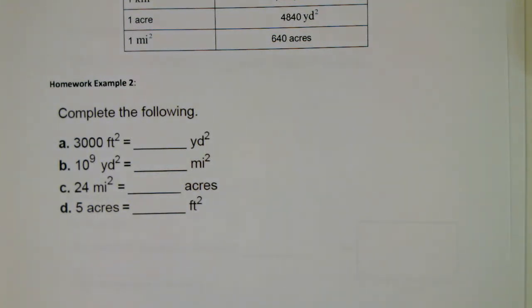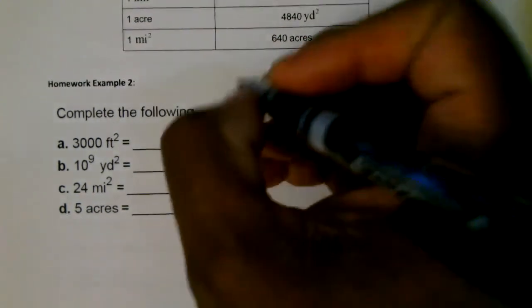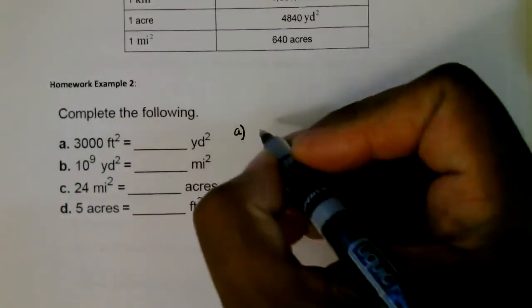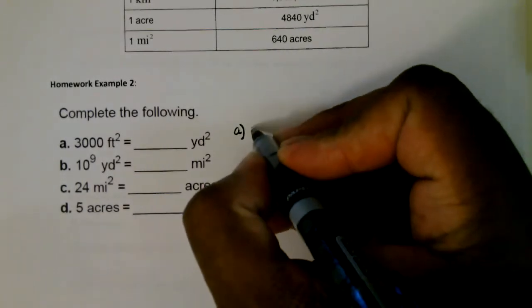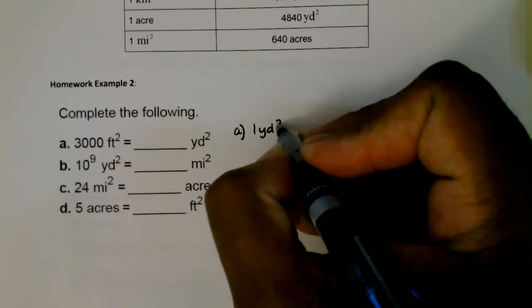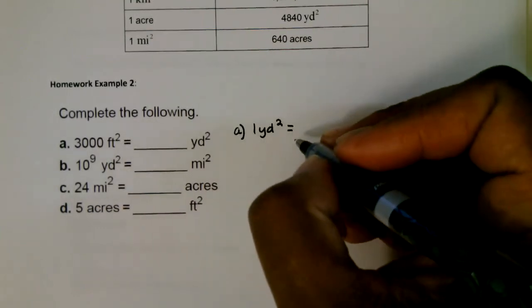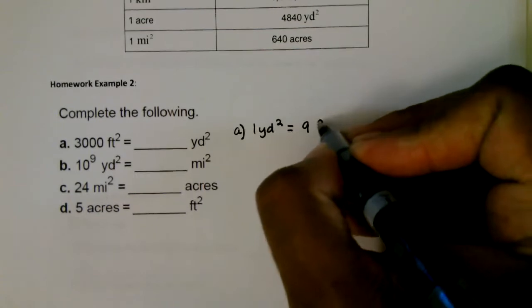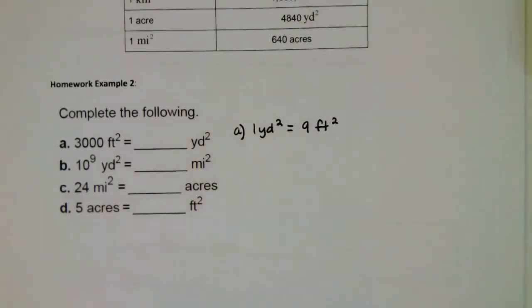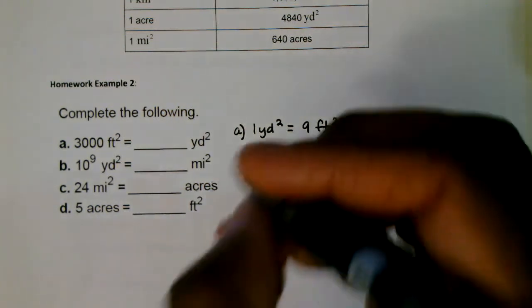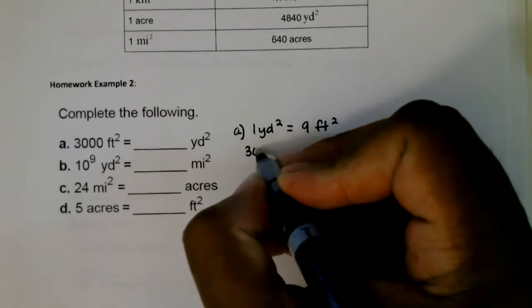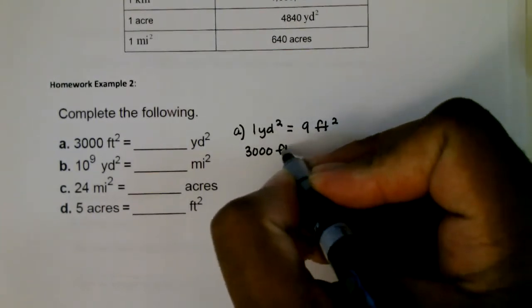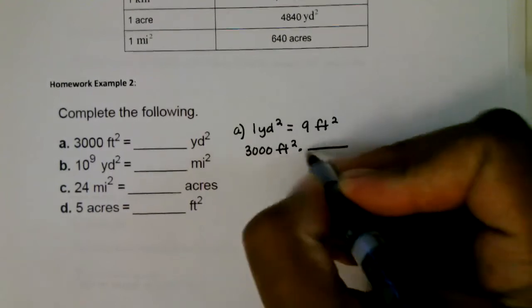So in this case here, based on what I'm given in that problem, I note for a fact that 1 square yard is equivalent to 9 square feet, since I'm dealing with square feet. So if I want to convert 3,000 square feet to square yards, this is what I'll do.